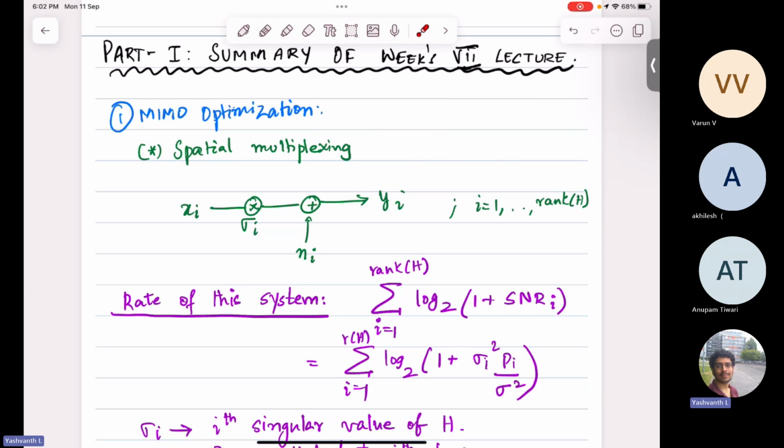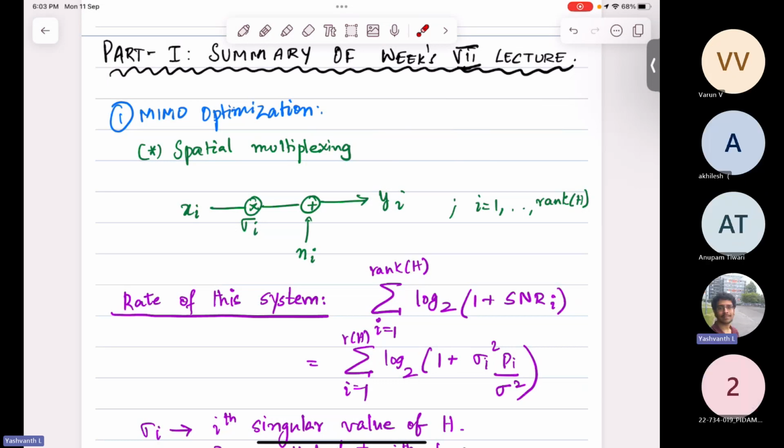It turns out that you can form rank of H number of independent streams between the transmitter and receiver, where H is the channel matrix of size NR cross NT.